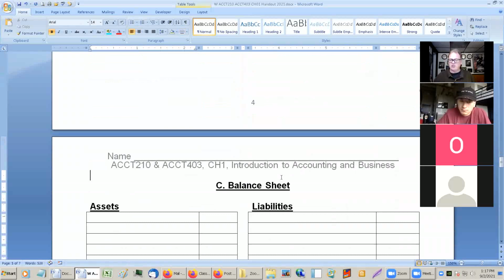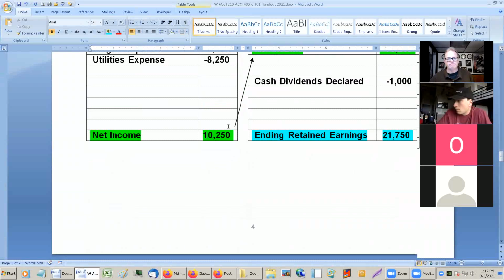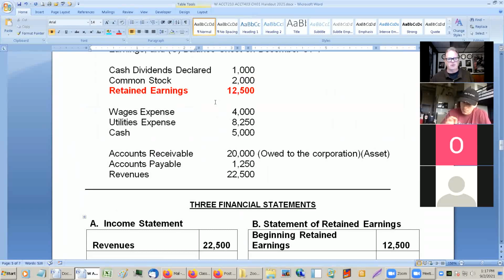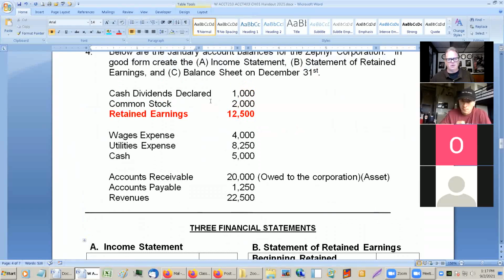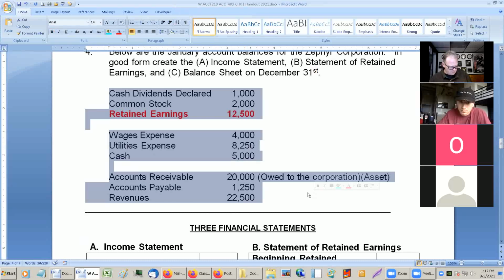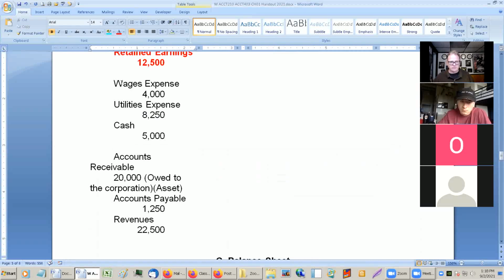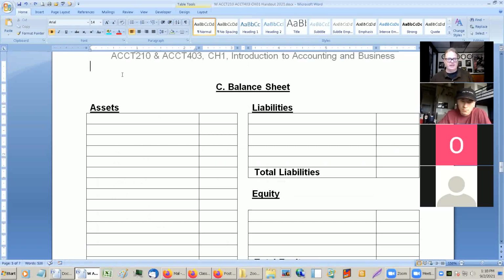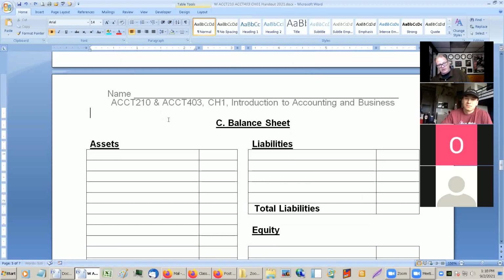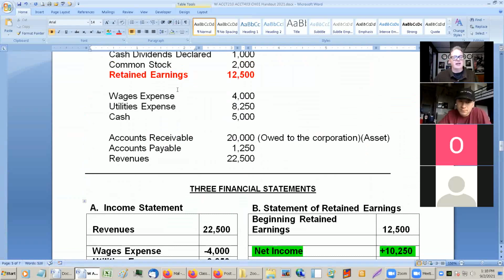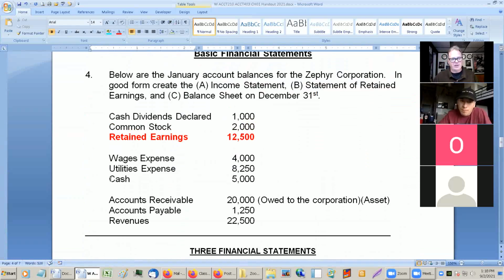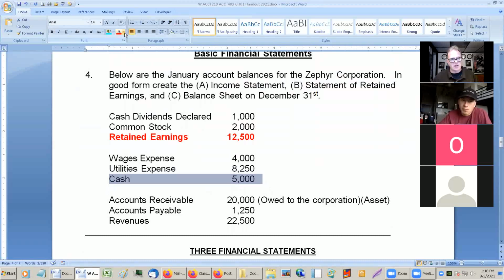Okay, balance sheet. I'm just gonna copy all this down so I have the accounts more readily available. Okay, that didn't work. Never mind, we'll go back the old way. So let's see, assets. We're looking for things that have a value, and the obvious one there is cash.